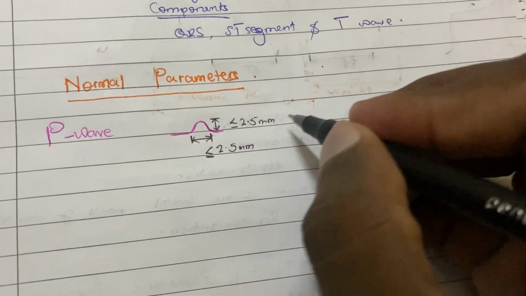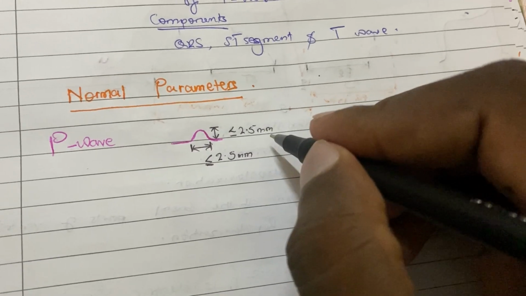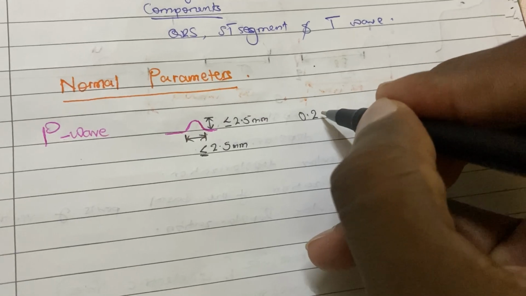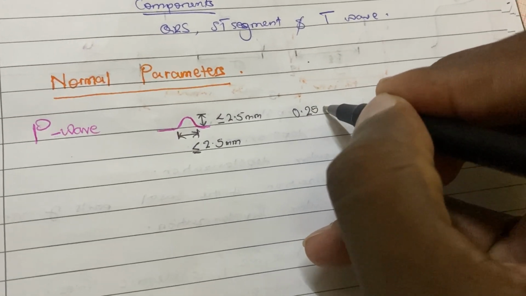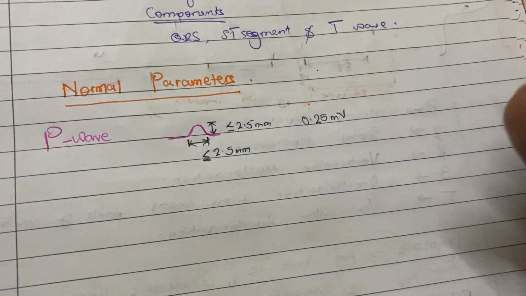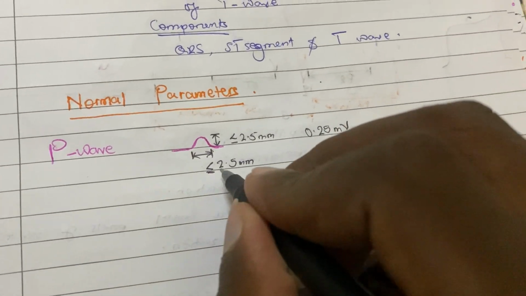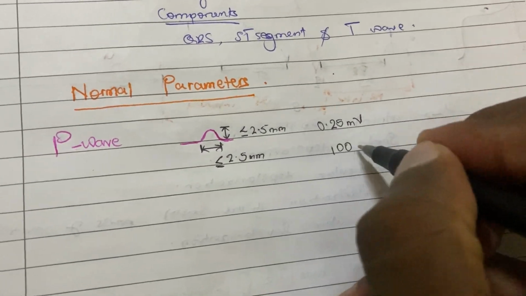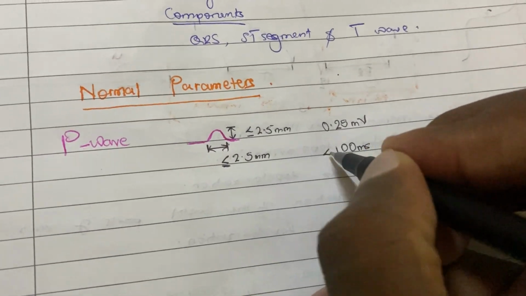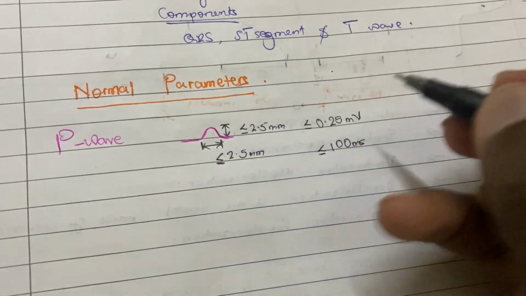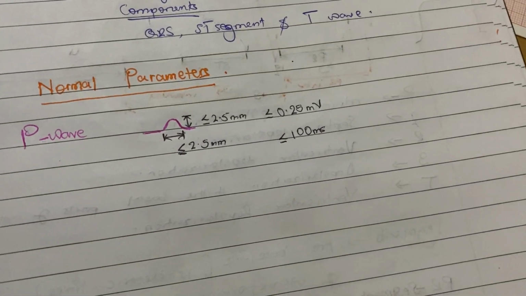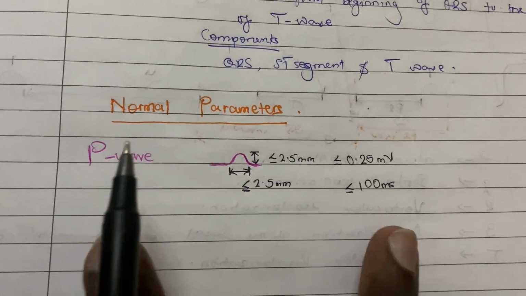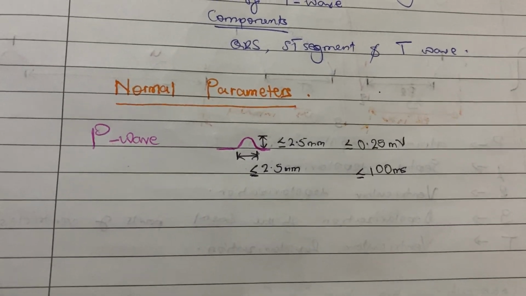Otherwise we can convert them even here: 0.1, 0.2 to be 0.25 millivolts, and then here it will be 40, 80, 100 milliseconds. It shouldn't be too tall, it shouldn't be too wide. That one is done. P wave. That's how it should be.